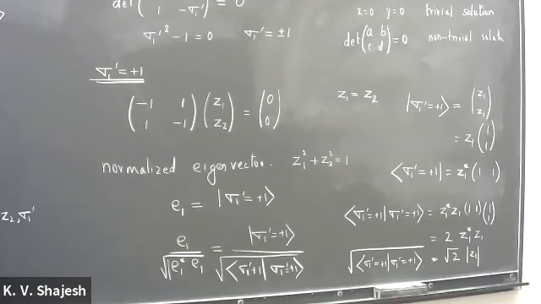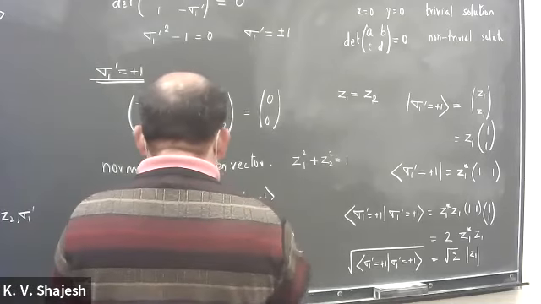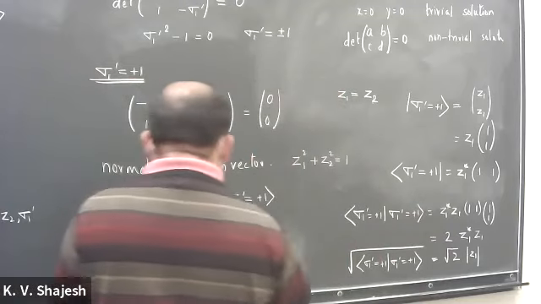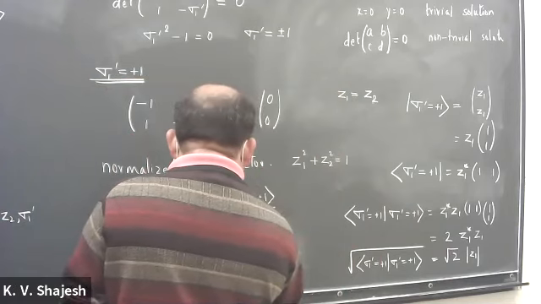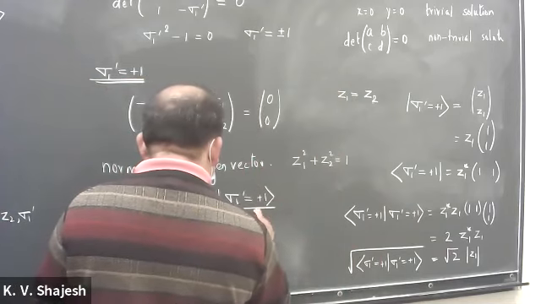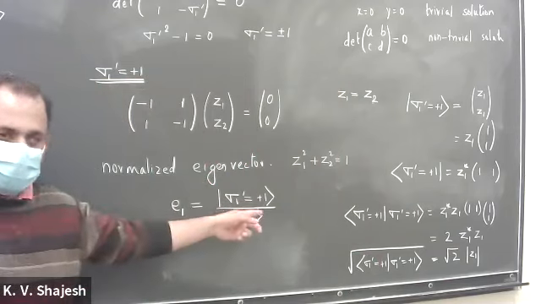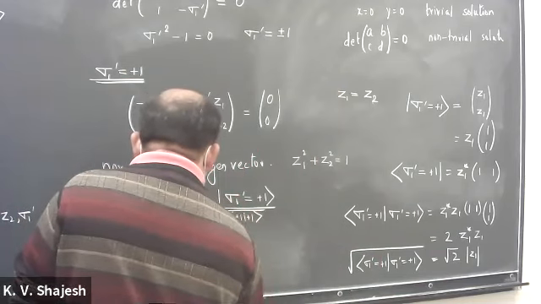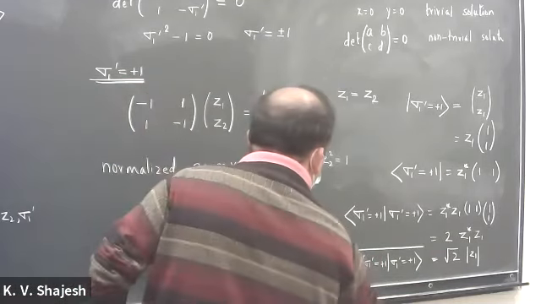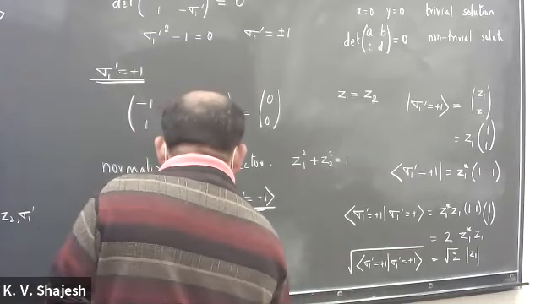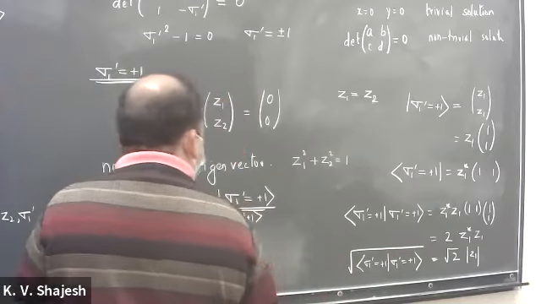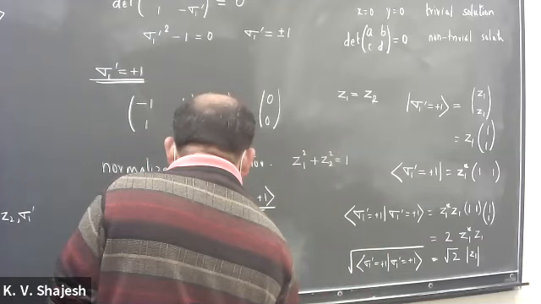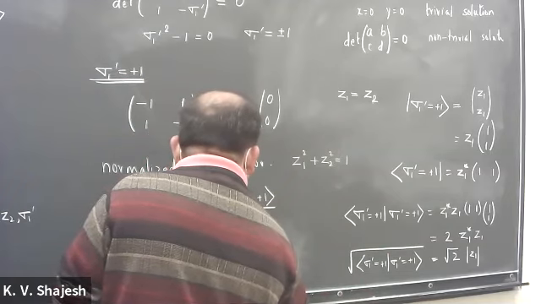So this was my E1, right? E1 is divided by this and a square root. So what is this equal to? I just divide by root 2, so it is 1 over root 2 times Z1 divided by the magnitude of Z1 times (1, 1).